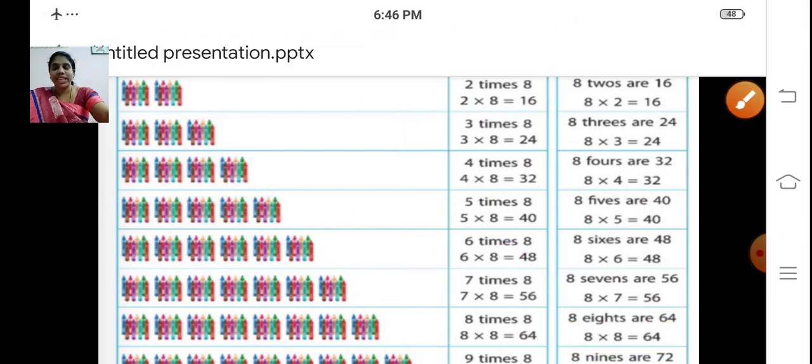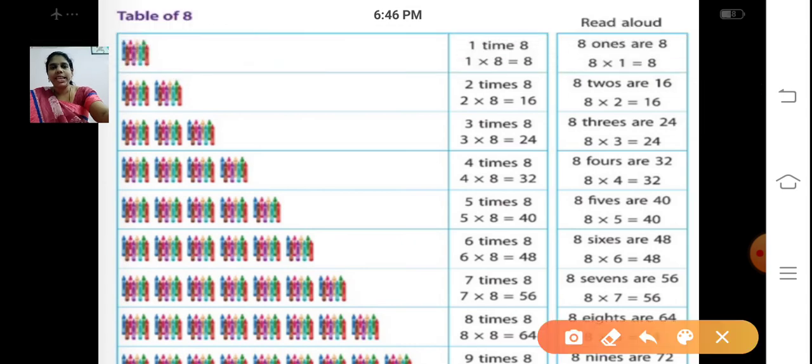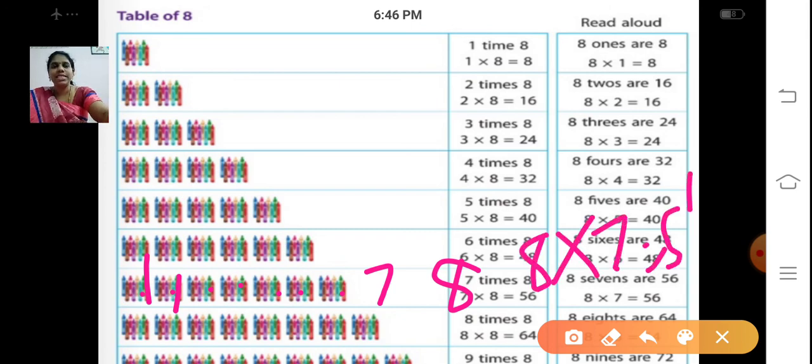Then next we have, just see how many groups we have. 1, 2, 3, 4, 5, 6, 7. 7 times, on each group we have 8, right? So 8 we are going to add 7 times. So 8 sevens are 56. Just add all together, you will get 56.